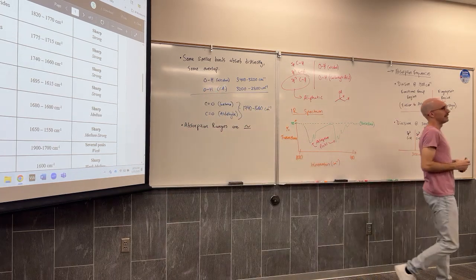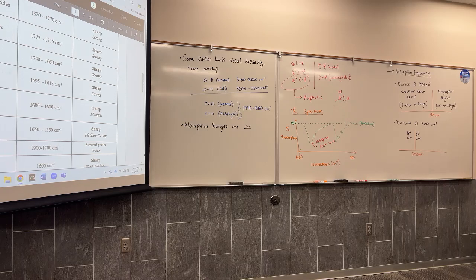Lastly, I hate saying this, you've got to be okay with some hand waviness when you analyze these spectra. These absorption frequencies are general ranges. They're not hard and fast. They're not set in stone. Maybe an exception to that is this division at 3,000 wave numbers. That is hard and fast.